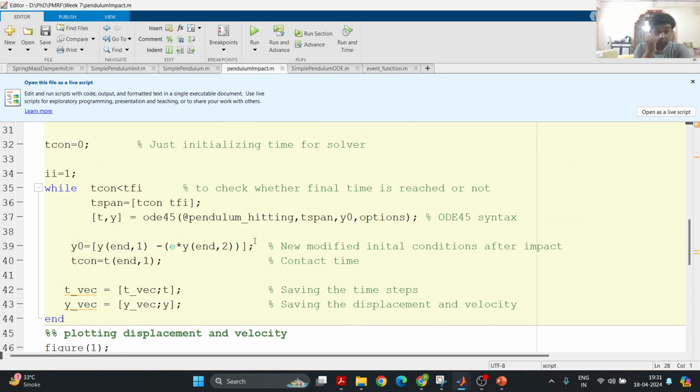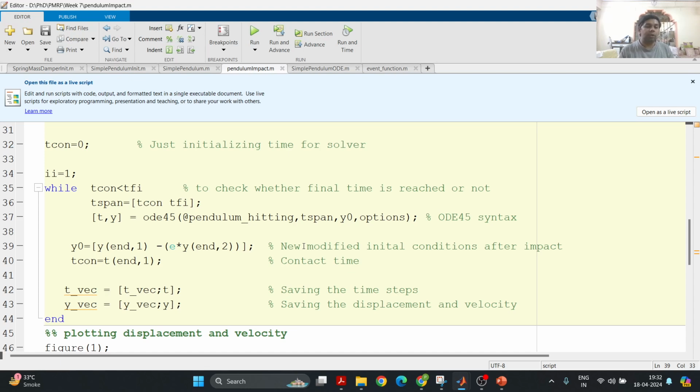So as I mentioned, we construct a while loop and continue its execution till the final simulation time is reached, and in each iteration of the loop we basically solve from the initial time instant up to the time instant at which the pendulum hits the wall, and then we set the new modified initial conditions after the impact.